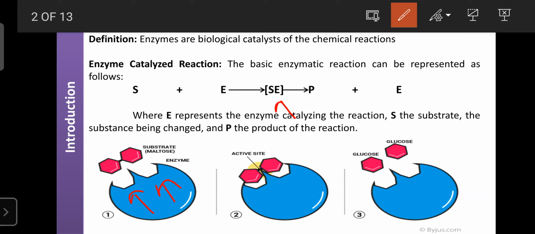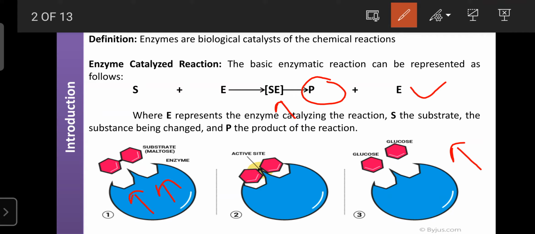Due to the binding of the substrate with the enzyme at the active sites, a catabolic or anabolic reaction occurs. Then the enzyme is separated and the product is left in that container, where a new substrate can bind to the enzyme. Like that, the final product is formed. Here E represents the enzyme that catalyzes the reaction, S represents the substrate, and P represents the product of the reaction.